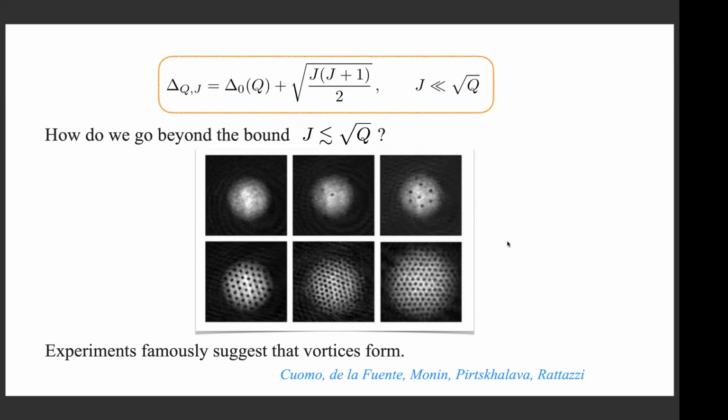People know how to answer it with numerics in Gross-Pitaevskii, or Thomas-Fermi theory. But I don't believe anybody knows if it's a second order transition, first order transition. Even in Gross-Pitaevskii, I believe it's mostly numerics. People know very little about the nature of these transitions.